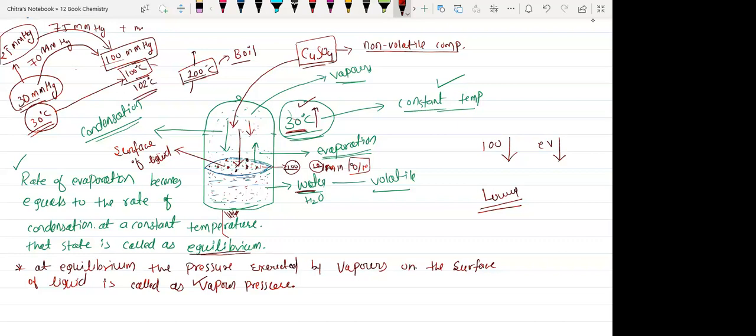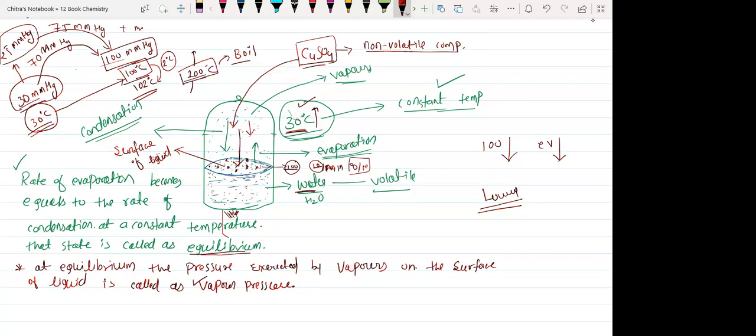The boiling point temperature has increased by 2 degrees Celsius. That increase in temperature is called elevation in boiling point. Why does elevation of boiling point take place? Due to lowering of vapor pressure. And why does lowering of vapor pressure take place? When we add a non-volatile solute in water or solvent.